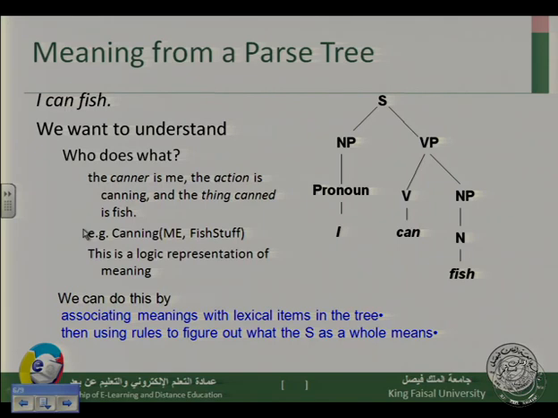We need to add these special codes. So this is the parsing tree. We should tell the computer that we tag it with, for example, me. I am doing the action, and fish is the object.